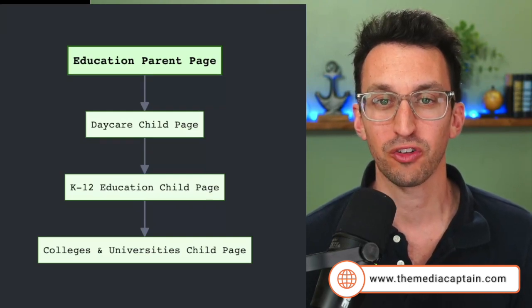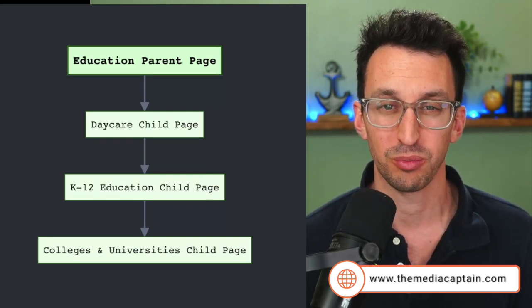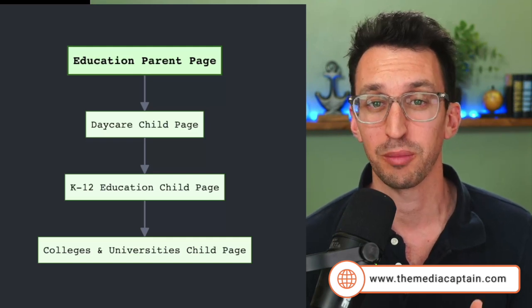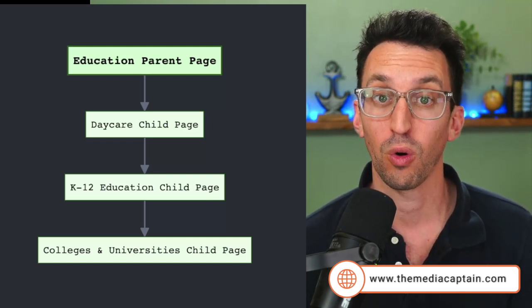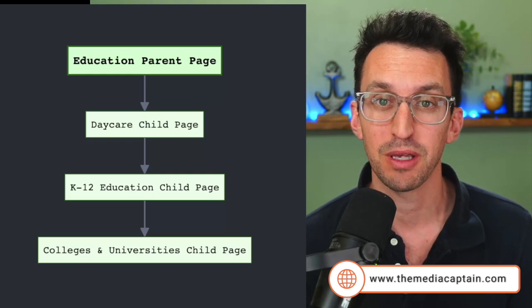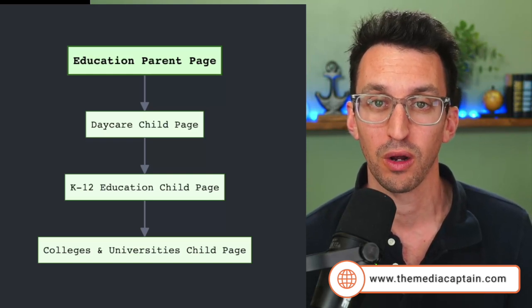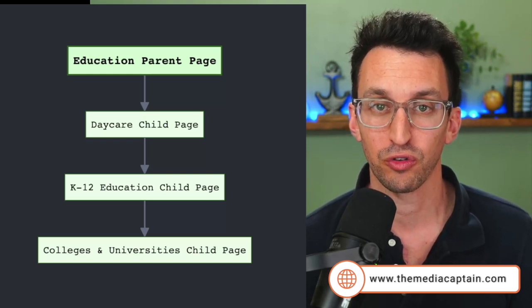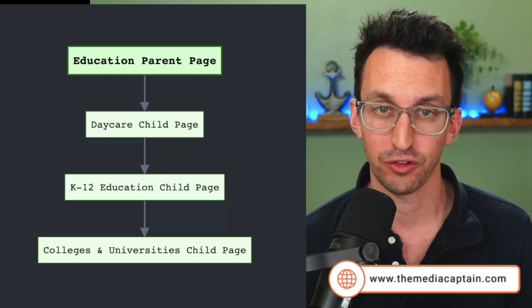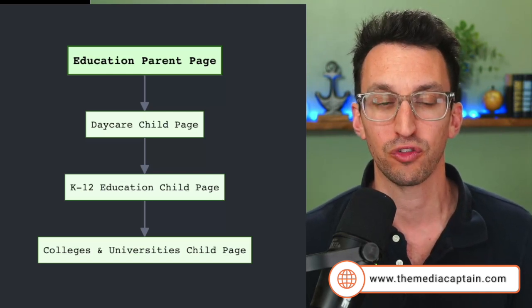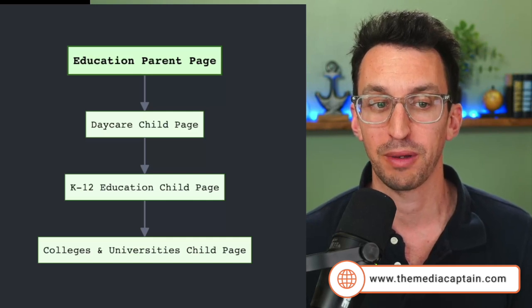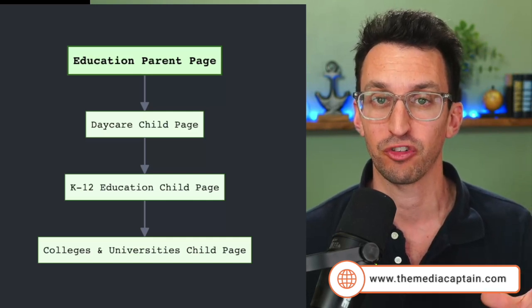So you'll see that we're not just building an education page because that's pretty generalized. If somebody's searching for hand soap dispensers for education, maybe, but most likely they're going to search for hand soap dispensers for middle school, for high school, for college, for daycare. And that's why we've structured the industry pages to have a parent page for education.